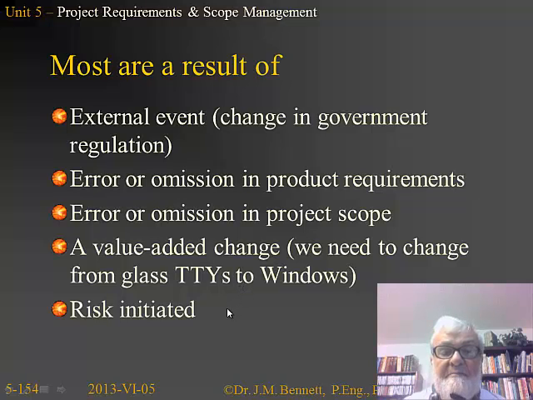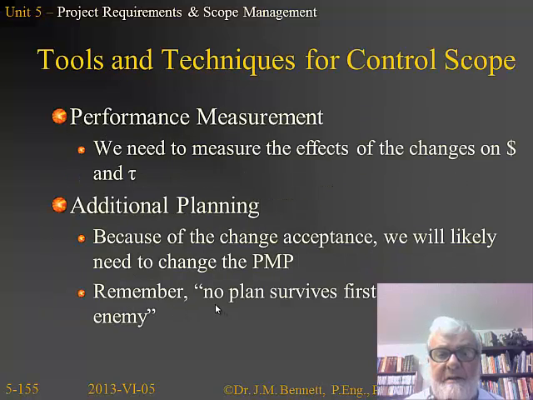It can also be risk initiated. It can also be initiated, I didn't put it on the slide here, through a corrective mechanism to get the project back on budget and back on schedule. We can throw out some of the changes to actually speed the project up. Our tools and techniques, performance measurement, we need to measure the effects of the changes on the budget and on the time.